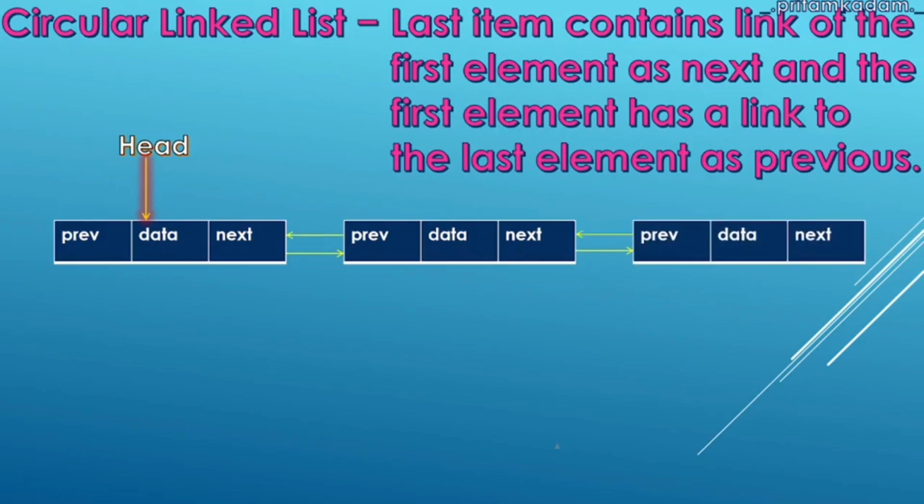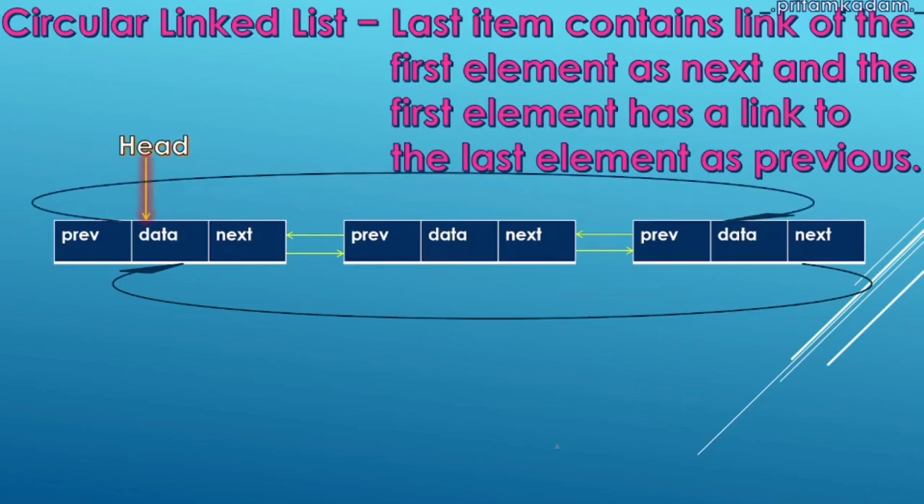Now its next is connected to the first pointer, so it will go like this. Okay, got it? And now, as in the definition part, it is written that the first element has a link to the last element as previous, so its previous will go to the last element of it.